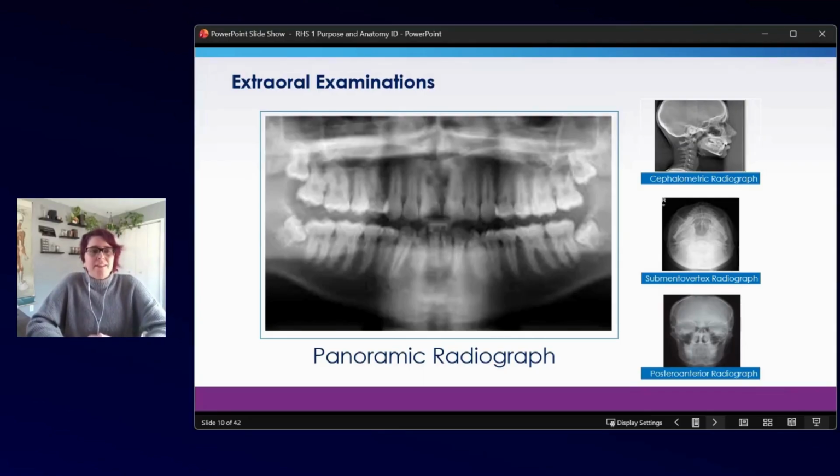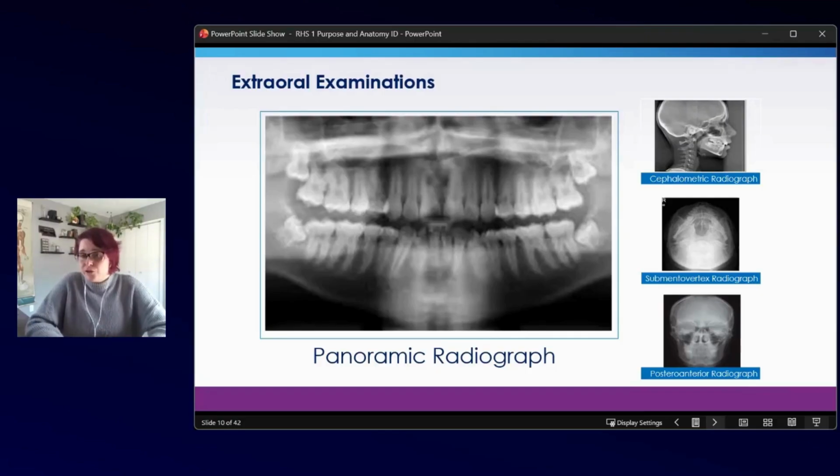You can also find a lot of other different types of extraoral exams that may not be as common, especially in general practice. There are things like a cephalometric radiograph. These are often used in orthodontics. A cephalometric radiograph is a side view of the head, and you can see the entire skull, maxilla, mandible.